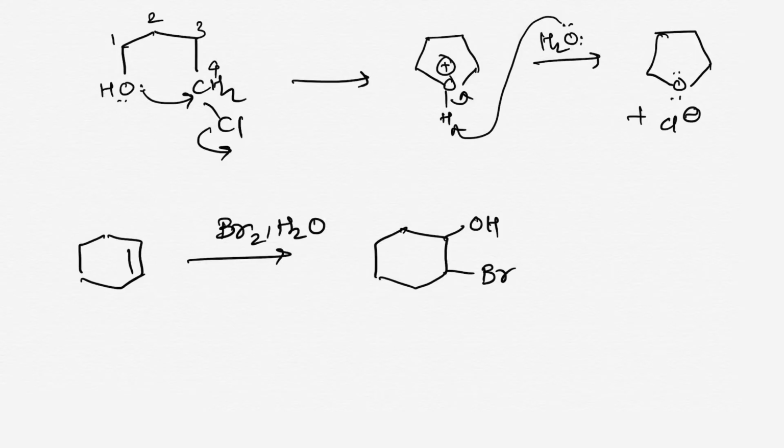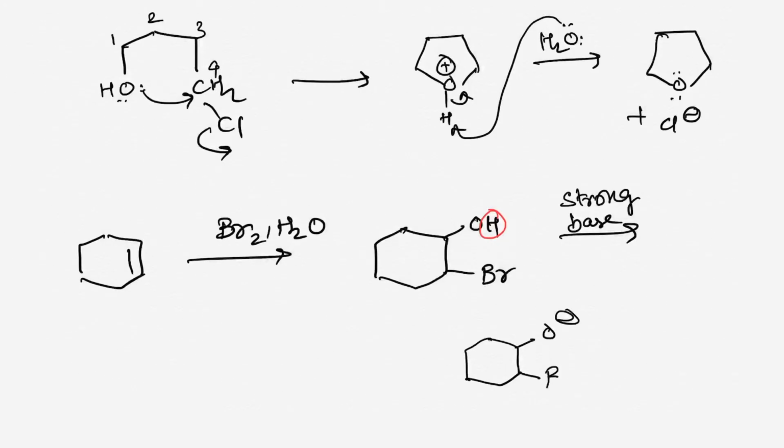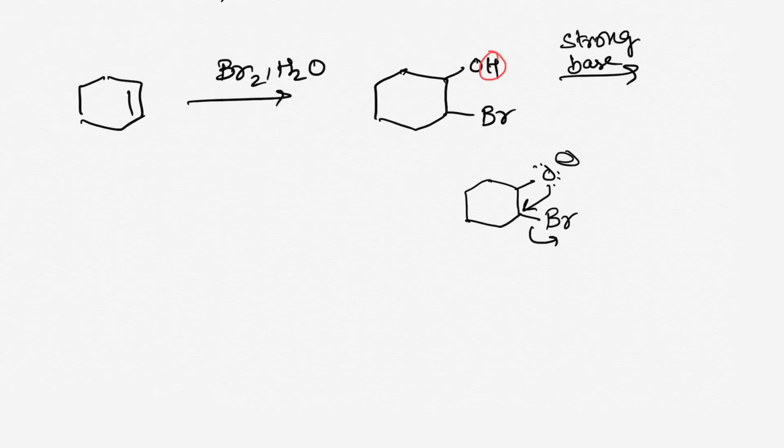Right. Now, when you subject a halohydrin to a strong base, what ends up happening is the base grabs this particular proton and really creates an oxygen with a negative charge on it. This oxygen can attack this carbon and kick off the bromide, really creating an epoxide at the end.